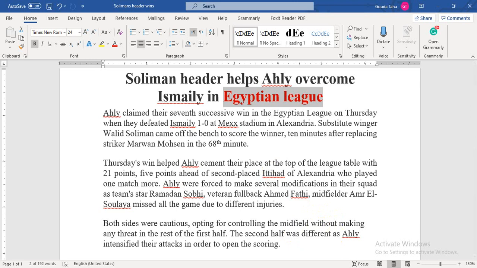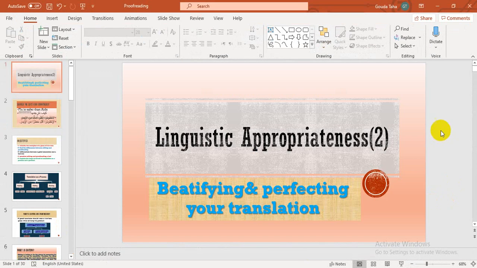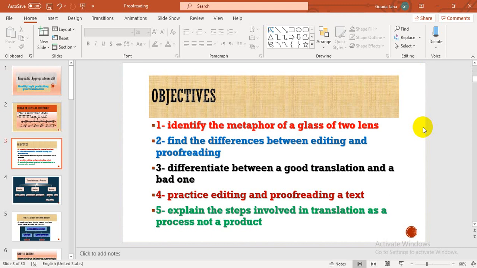So in today's session we know what are the two lenses that you need to keep in mind while you are translating, and we said what is a good translation, what is not a good translation, and we find the differences between editing, which is looking at the bigger picture wherein we compare the source text with the target text, and proofreading.